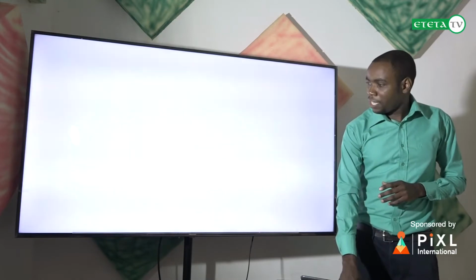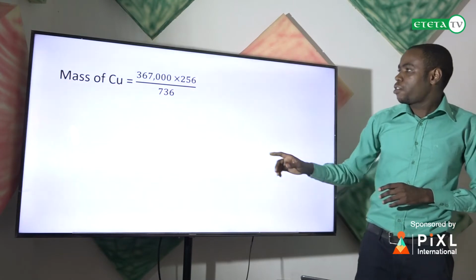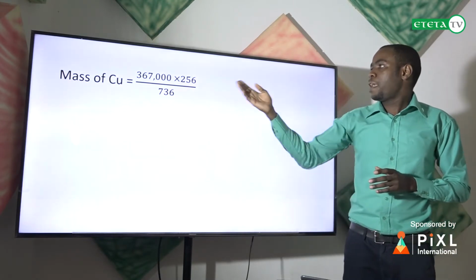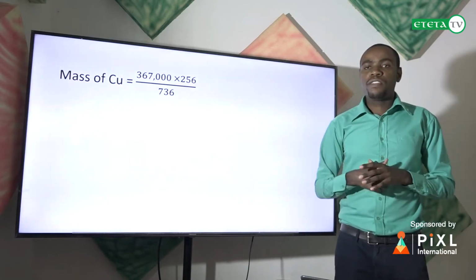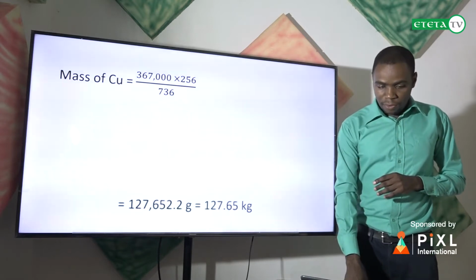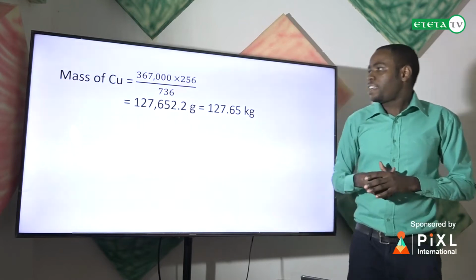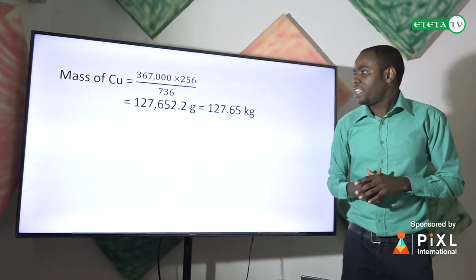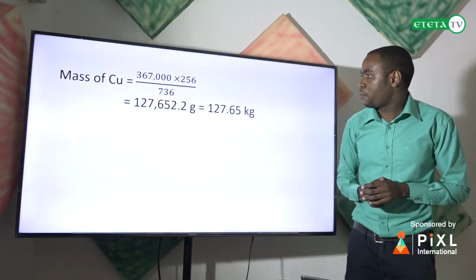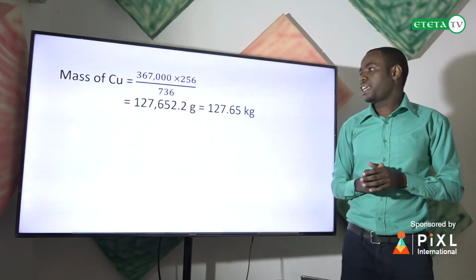Now, by using cross multiplication, you will obtain the mass of copper equal to 367,000 multiplied by 256, divided by 736. Through calculation, you obtain the mass equal to 127,652.2 grams, which is equal to 127.65 kilograms.